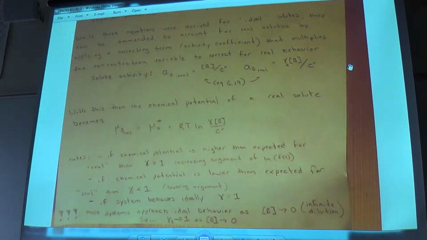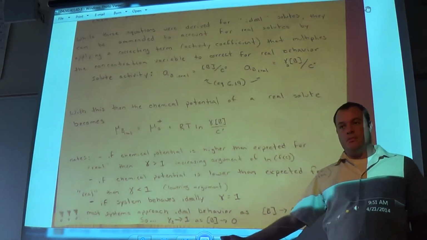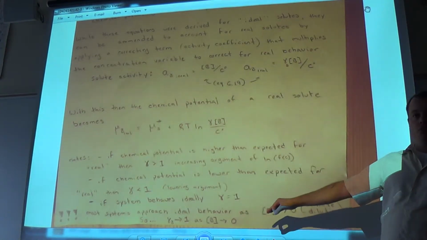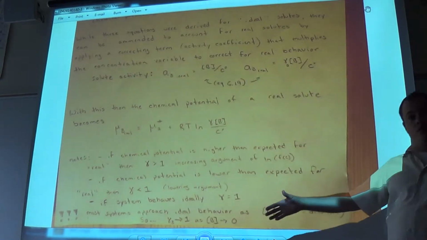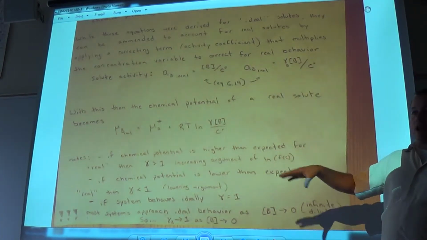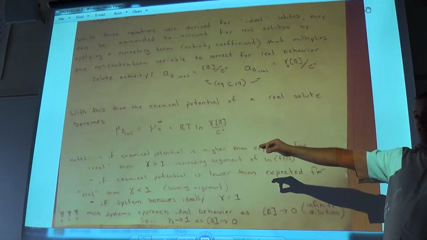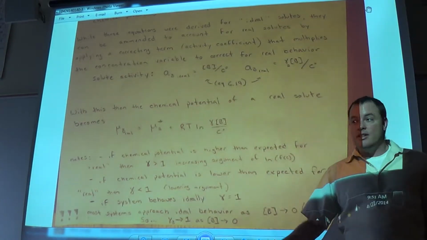All right, next picture. Oh, sorry, one last thing. It tends to be that systems, ionic systems as they go towards infinite dilution, and other systems, because solute-solute interactions are minimized, at the extent of infinite dilution, most systems obey Henry's law. They behave ideally in that sense.